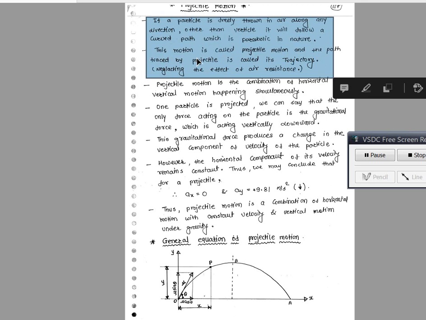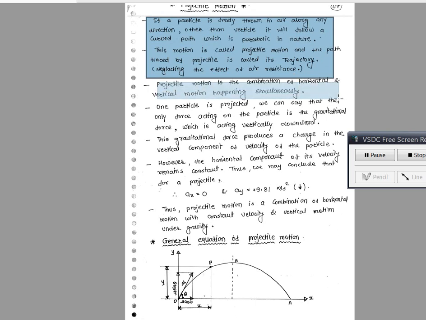The path traced by the projectile, that is the thrown body, is called the trajectory. In the analysis of projectile motion, we neglect air resistance because it is negligible.